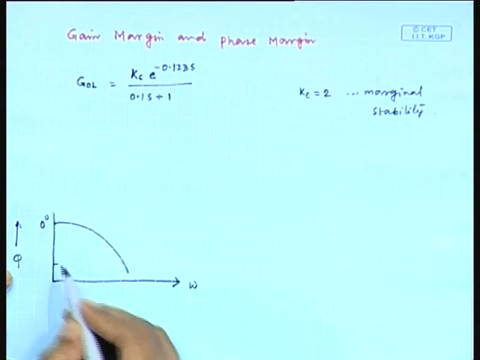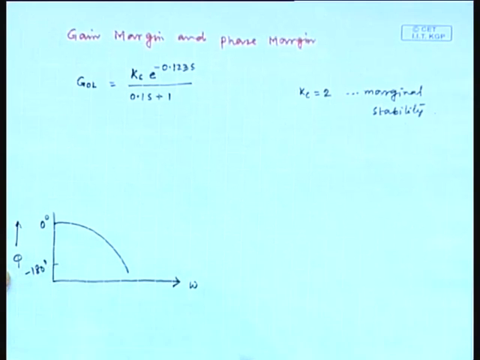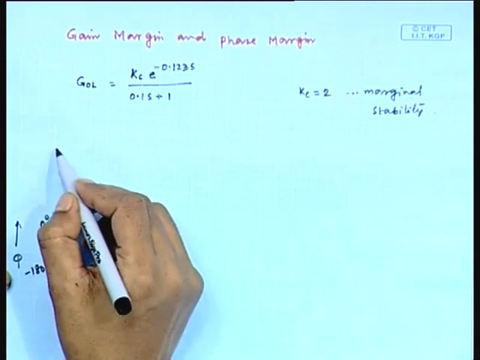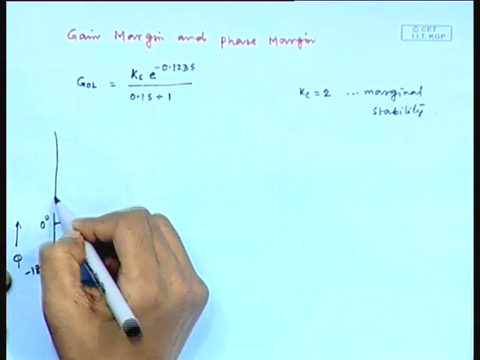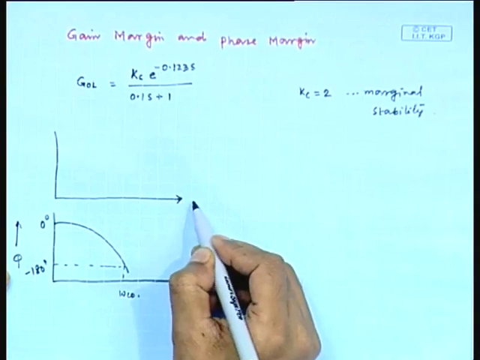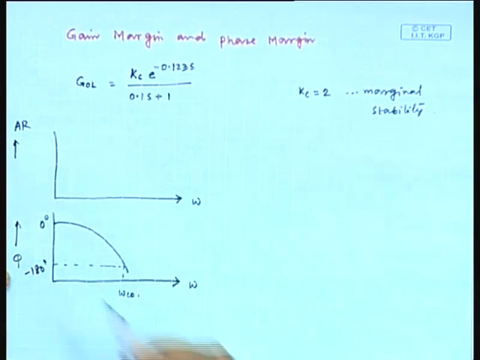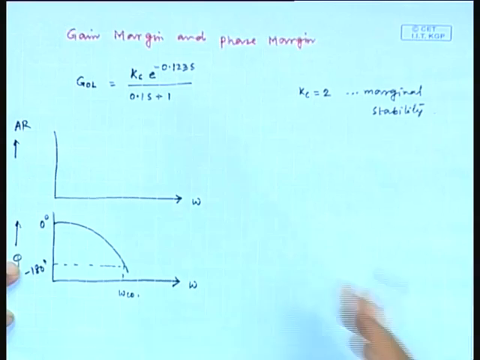Now, crossover frequency we obtain considering phi equals minus 180 degree. So, this is crossover frequency. Now, above this we consider amplitude ratio versus omega, and this plot is produced in a log graph paper.